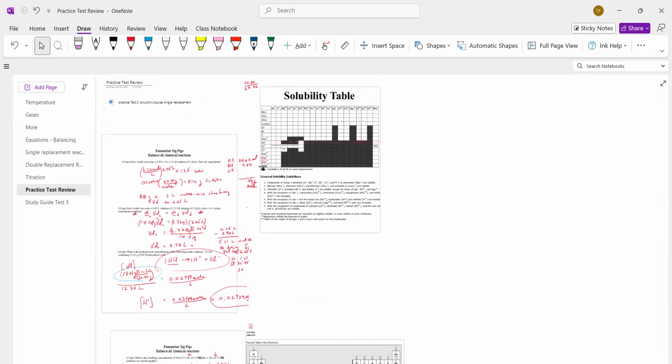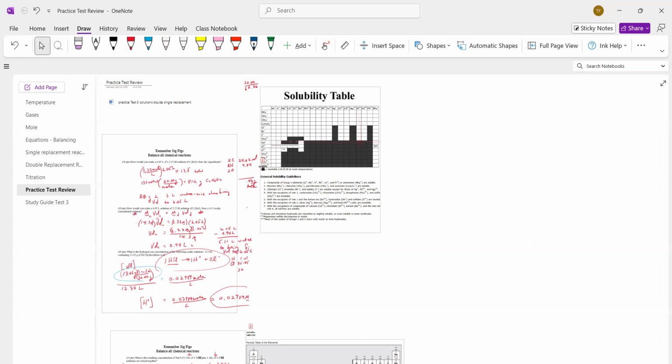Now, I'm going to have an extra credit on there, and it's going to involve taking an acid and a base, dumping them together, and seeing if it is a neutralization reaction. It is because it's an acid and a base. That means the H's and the OH's are going to make water. They're going to go away. But if we have more of one than the other, we're going to end up with excess acid or excess base. And your job is going to be to find out the concentration of what's left over.